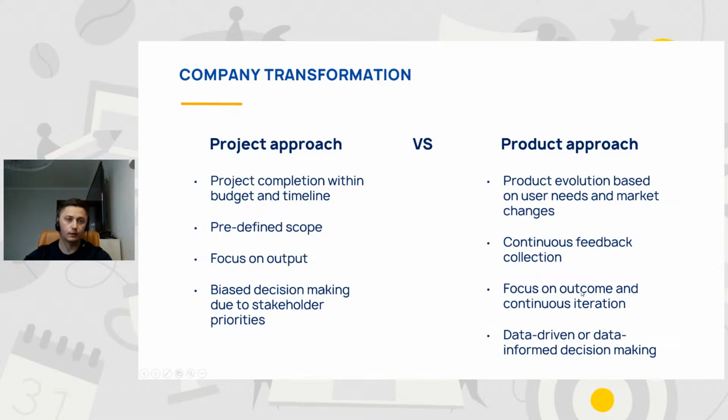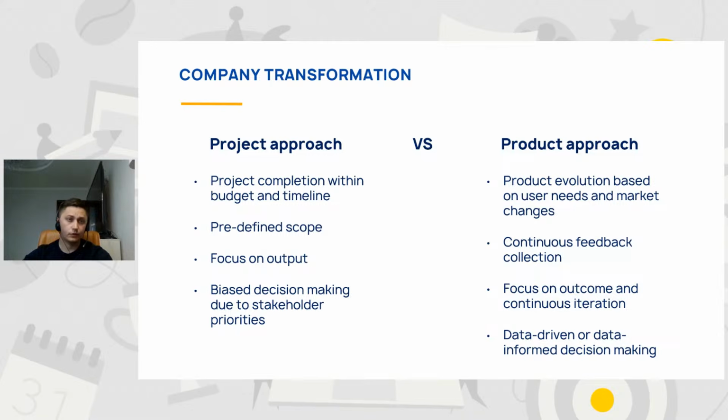We focus not on output, but rather on outcome and continuous iteration, because the project is an emerging entity, and you will have to develop it over time before customers will see the real product value, and continuous optimizations will help you to grow the business itself and the product.